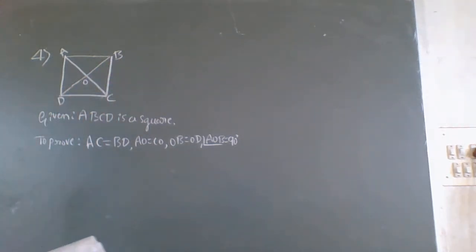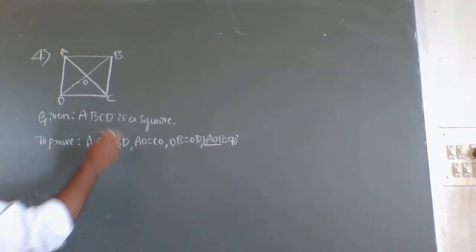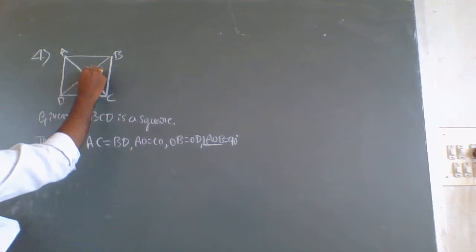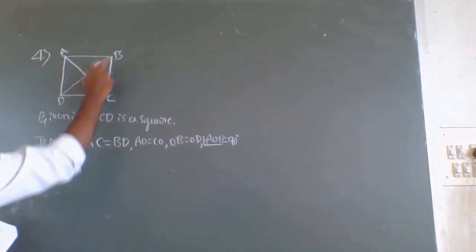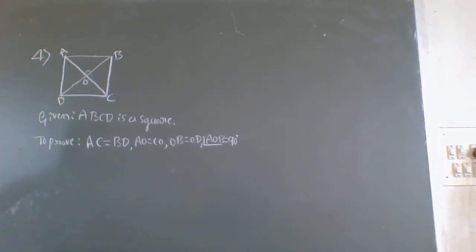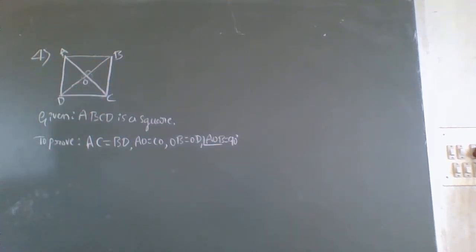So they bisect each other at right angles. Right angles means these angles should be 90 degrees. Therefore, we have to prove one of the angles, AOB, is 90 degrees. So now, first we will prove that the diagonals are equal, AC is equal to BD. So now, proof.